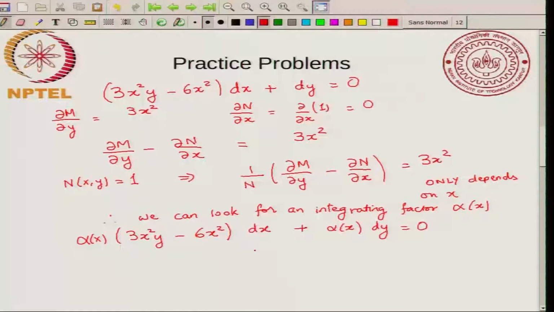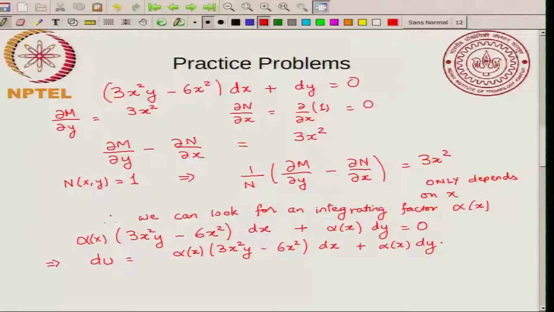This equation is exact, that implies that this whole left hand side is some function u. So, du equals alpha of x (3x square y minus 6x square) dx plus alpha of x dy.